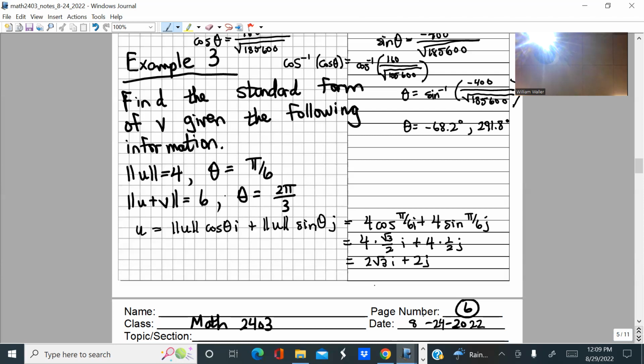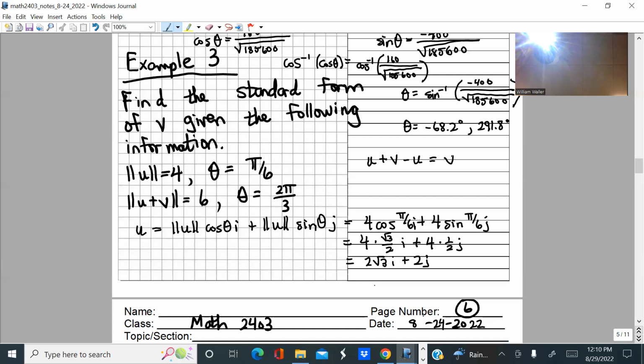Now, how can we use this information to determine v? Because that's what I want to know, this vector v, not the vector u. But look, we know something about u plus v. If you take u plus v and subtract off u, that would leave you, of course, with just v.